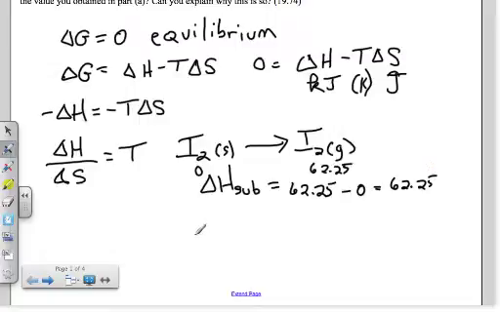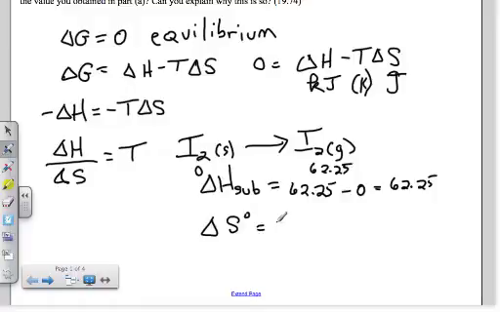Okay, we're going to do the same thing for S. Delta S is going to be products minus reactants as well. Now, everything that we're looking up in the back of the book is at standard state, which means 25 degrees Celsius and 1 atmosphere. So that's one of the assumptions we're going to be making, and that's one of the questions in this, the second sentence up here in A: what assumptions must you make in arriving at this estimate?